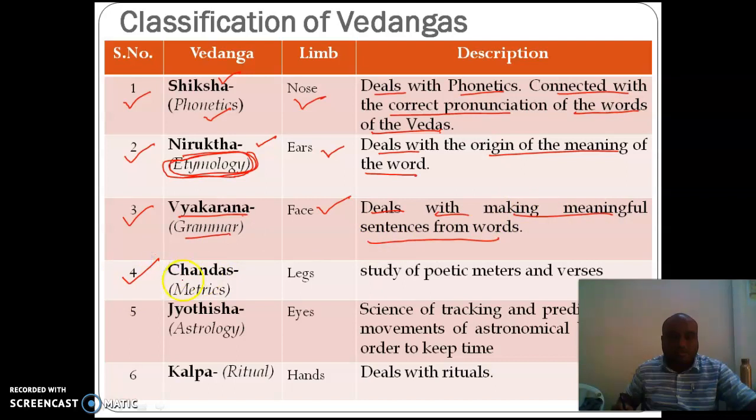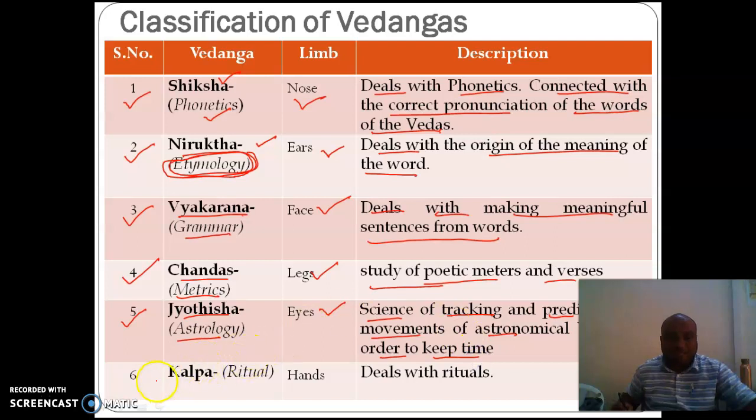Fourth one, Chandas, that deals with metrics. The limb is legs, and it describes the study of poetic meters and verses. Fifth one is Jyotisha, associated with astrology, and the limb associated is eyes, which describes the science of tracking and predicting the movements of astronomical bodies in order to keep time.